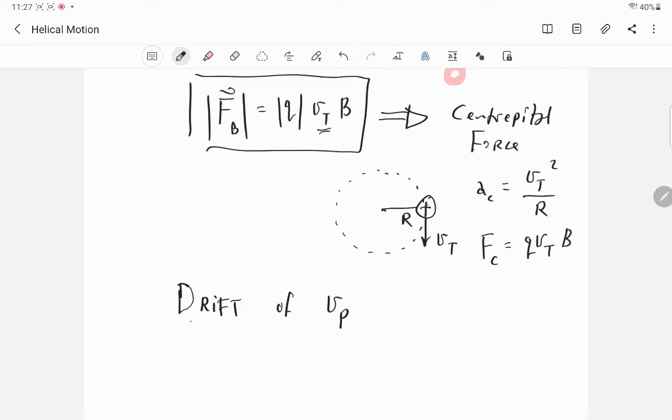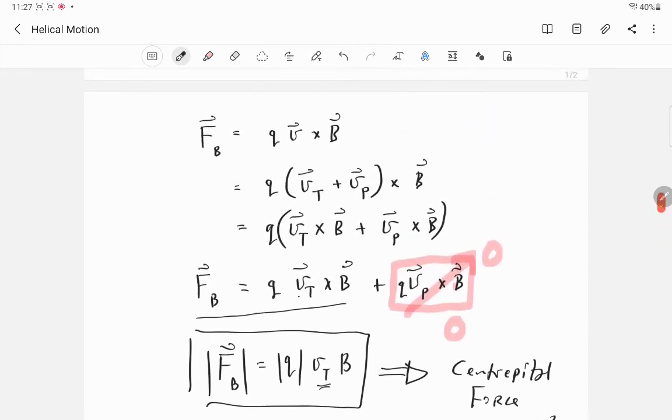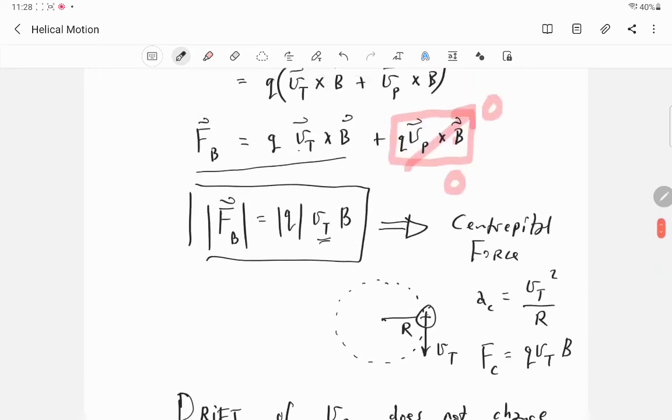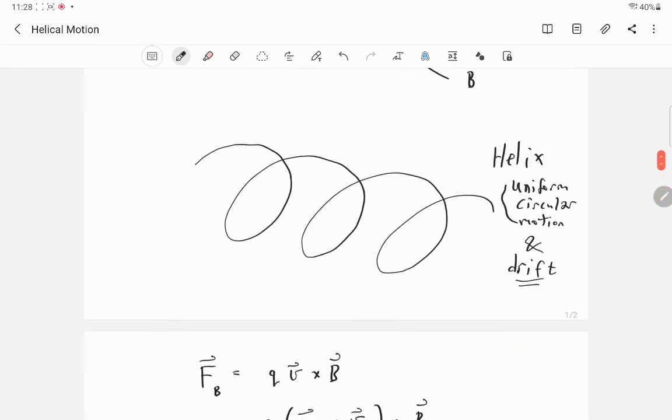of V parallel, right? Even though there is no force associated with V parallel, that doesn't mean that V parallel is zero, right? It just means that the drifting velocity does not change. It's unaccelerated because there's no force in that direction. And so you get genuinely this drift.